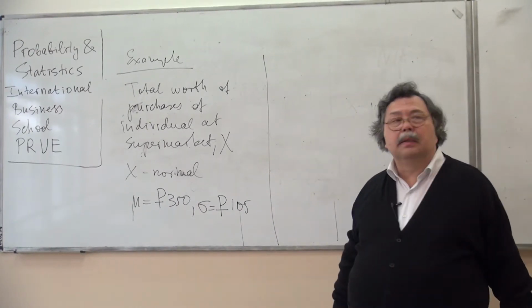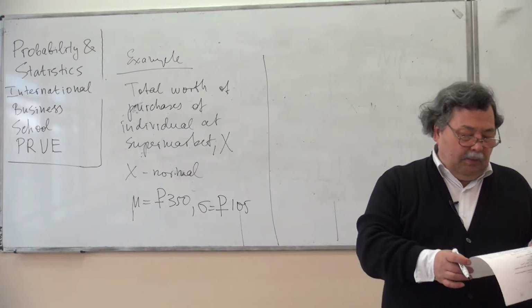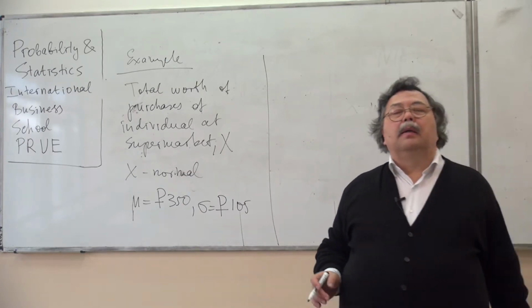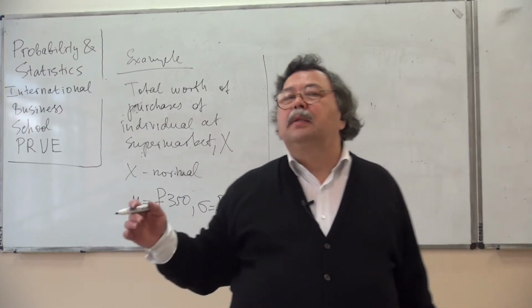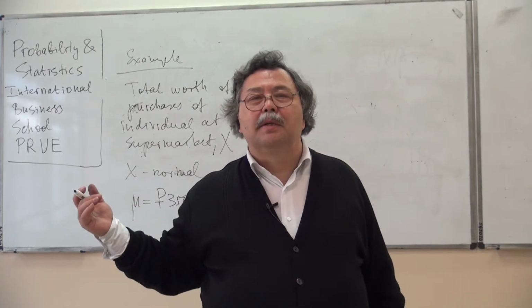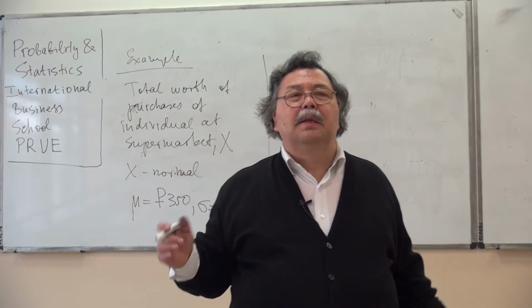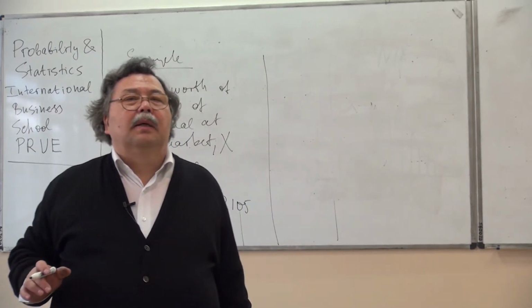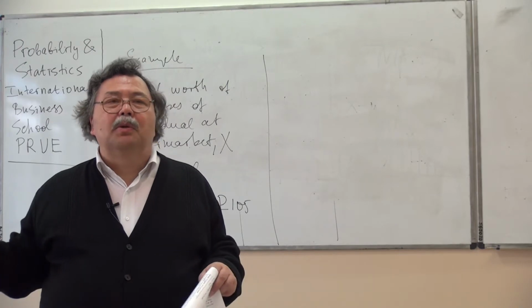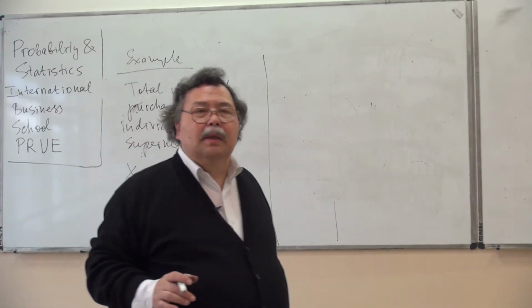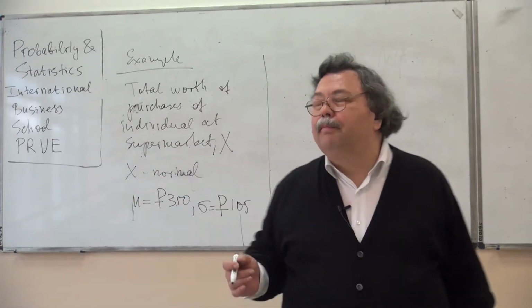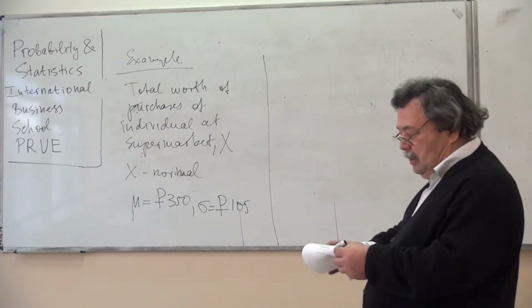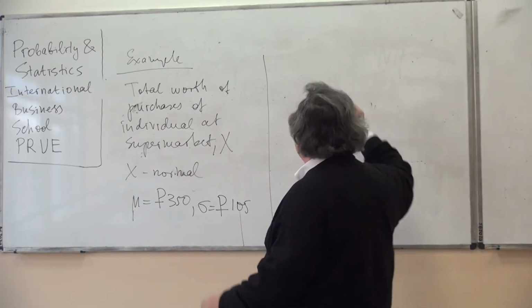Good. So we deal with a random variable that is normally distributed with mu equal to 350 and sigma equal to 105. Suppose the company that contracted you to carry out this research is interested in the extremes. What proportion of all the people buy very little, and what proportion of all the customers buy a lot? Let's answer some specific questions.